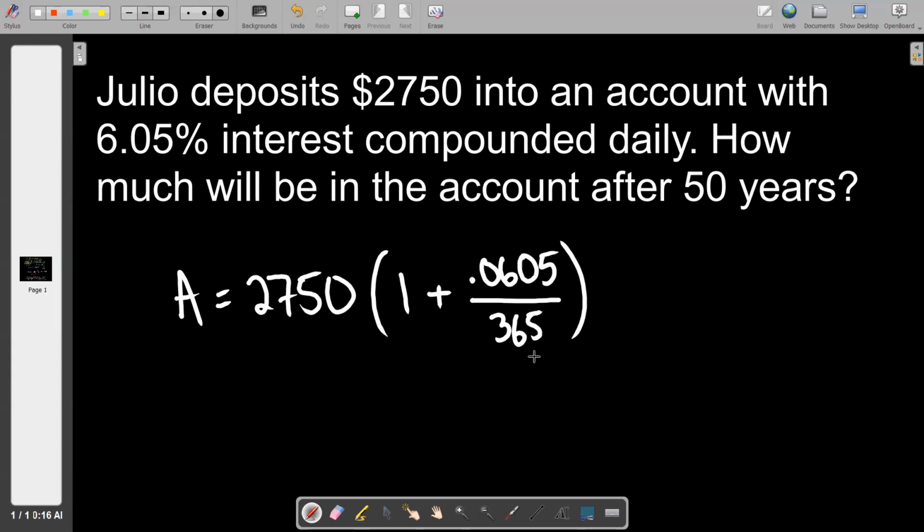My exponent's going to be really, really big because n is 365 times per year and time is 50 years. If you do something every day for 50 years, that is 18,250. The interest rate: since this was a 6.05% interest rate, we converted it over to a decimal, 0.0605.